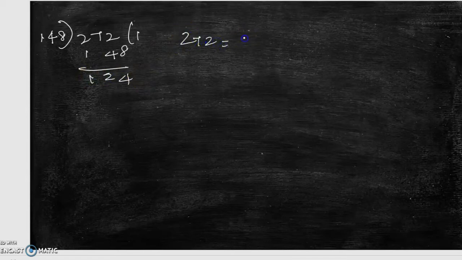148 into 272 goes 1 time and the remainder will be 124, which is again not equal to 0. So 272 equals 148 into 1 plus 124.